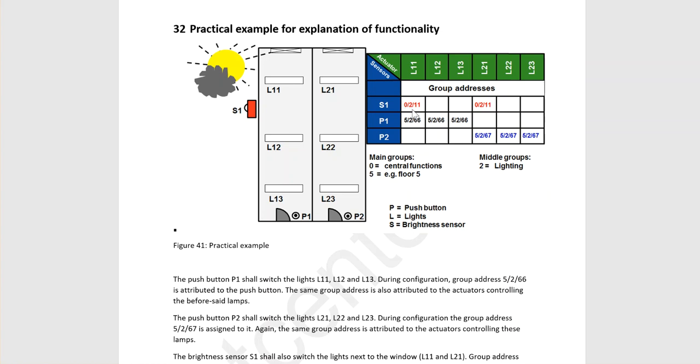With the group address 0/0/11, the outside brightness sensor turns on L11 and L21. These are the lights that are near the window. And with push button P1 with the group address 5266, L11 to L13 are turned on. And with push button P2, L21 to L23 are turned on with 5266.